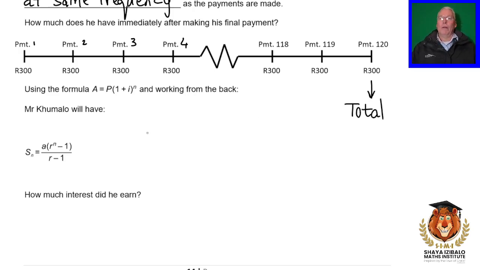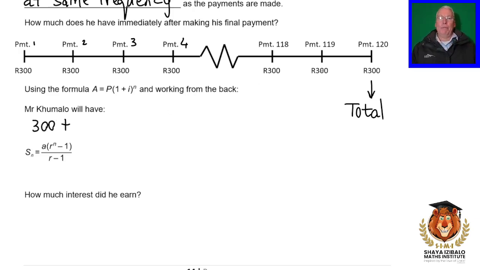Well, the last payment does not get any interest. That's that payment there. This payment is in the account for 1 month. So remember our formula. That's payment number 120, but the value is 300.